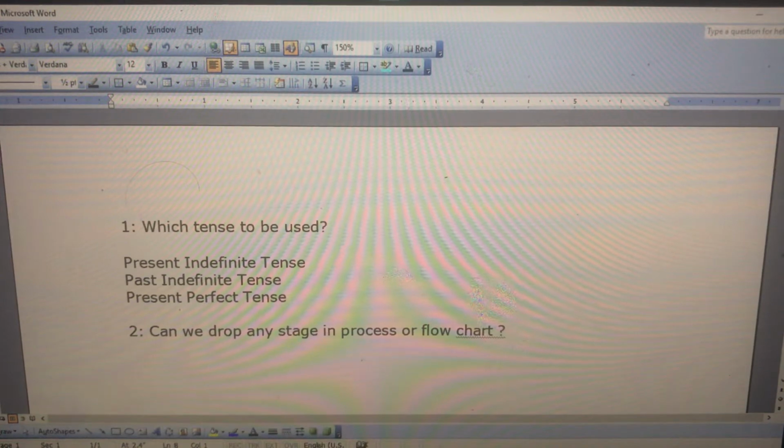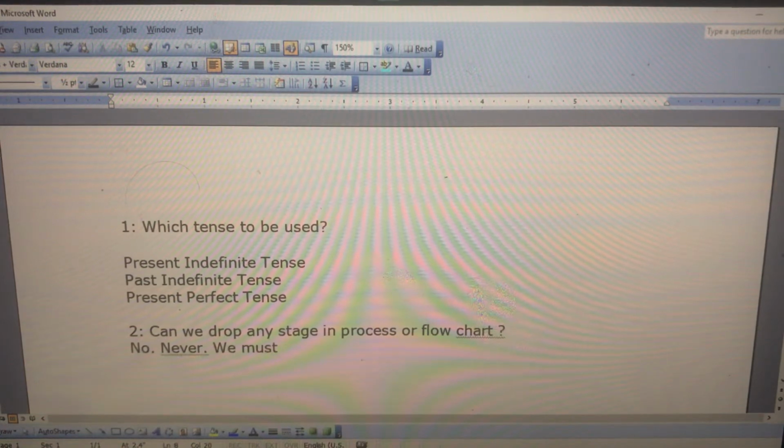So can we do that thing here? Can we drop any stage? The answer is no. No, sir, never, never. Very, very, very dangerous, right?